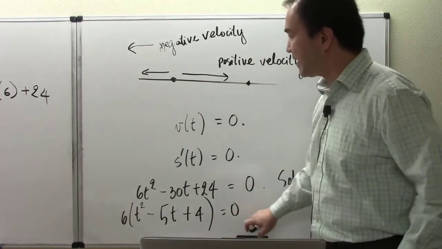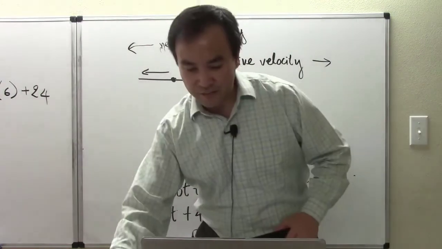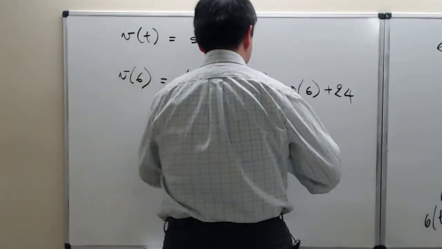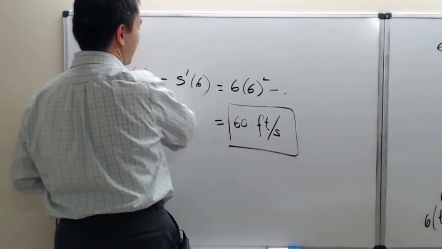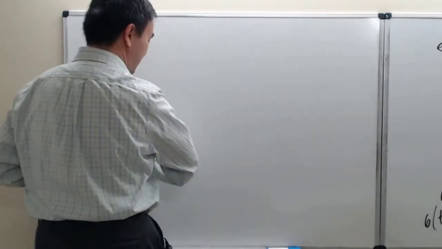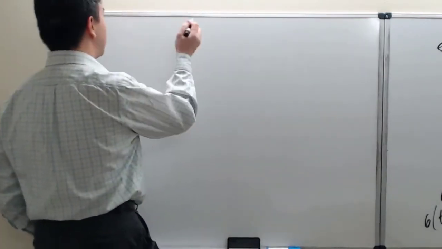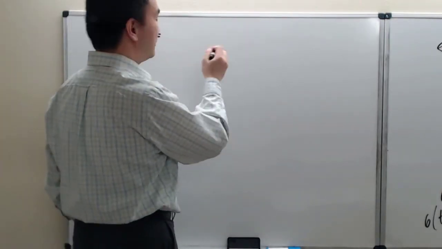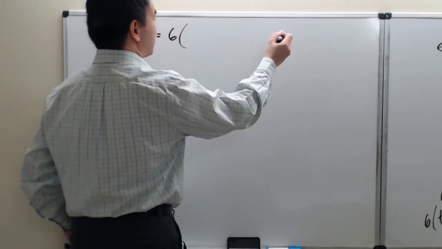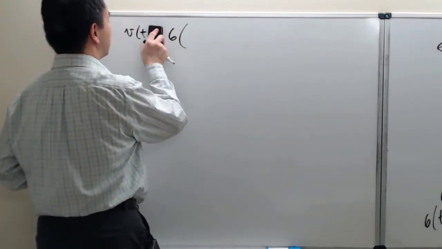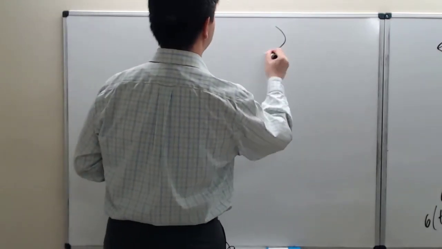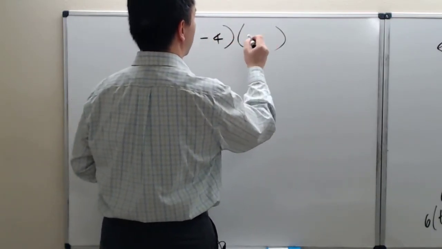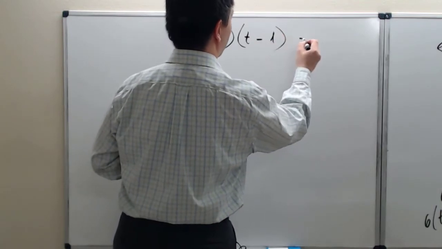In my next step, allow me to head on to my other board. My left hand side can be factored into t minus 4 times t minus 1 equals 0.